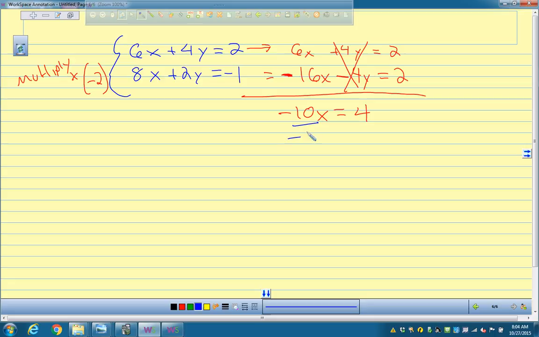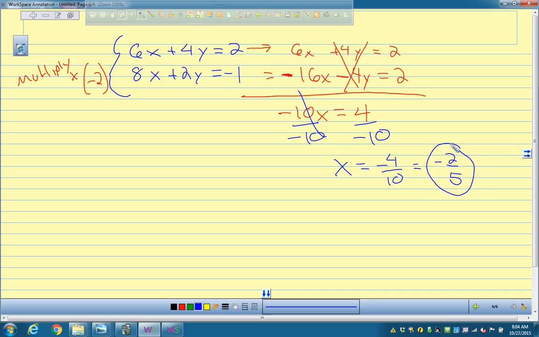Should have made it come out nicer. That goes away. I get x equals 4 over -10, which is the same as -4 over 10, which reduces to -2/5.